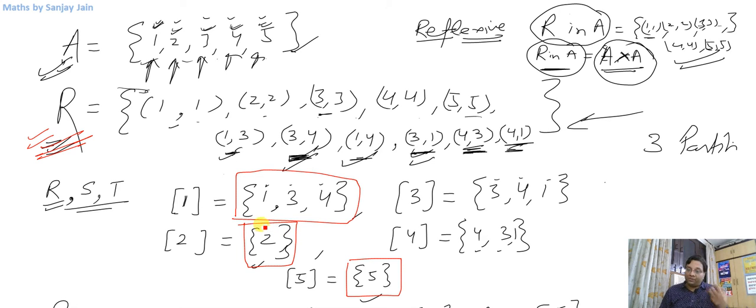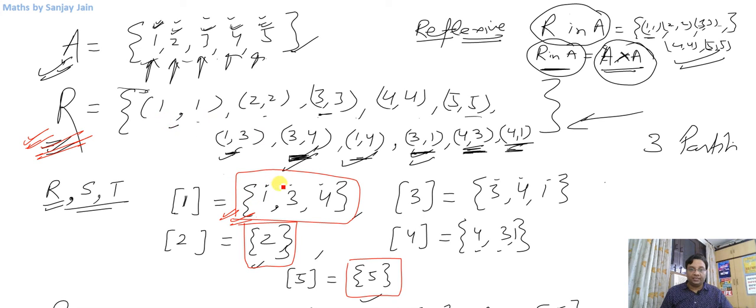Now if I am given only these 3 partitions and I want to go back to that relation, I want to find what was the relation originally, what was the equivalence relation. So how can I find it? If you are given these partitions, you can find that relation by taking the Cartesian product of this with itself.